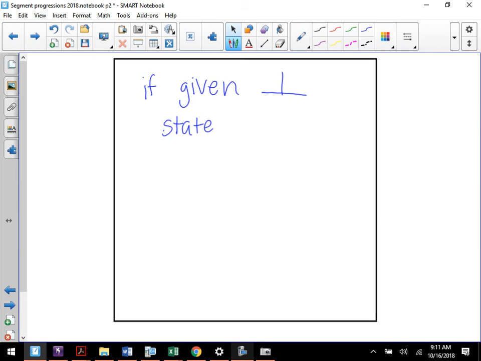Guys, what does this symbol mean? Perpendicular, good. So if given perpendicular, then your statement will be right angles formed. And then this one's a little bit trickier because then you have a second statement after that.